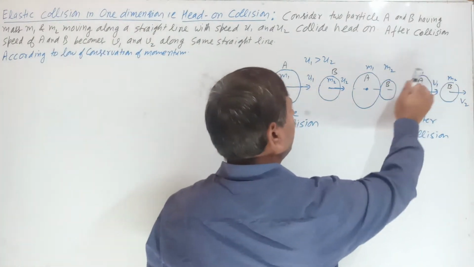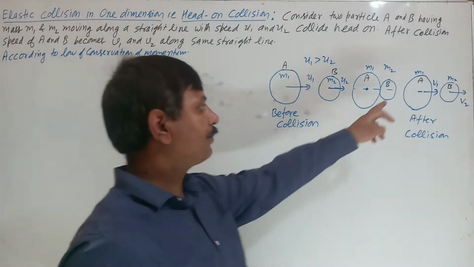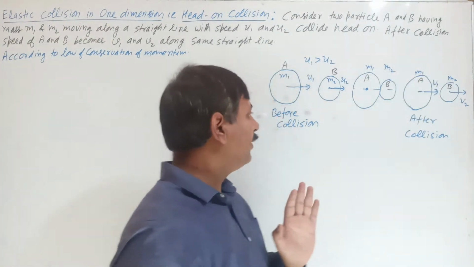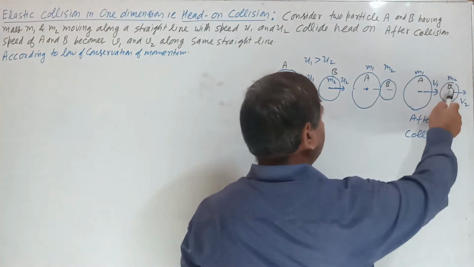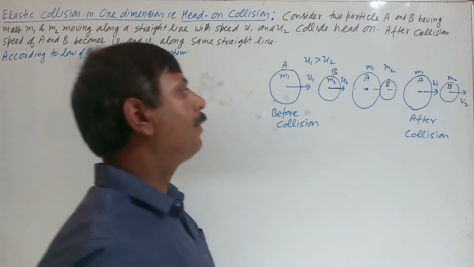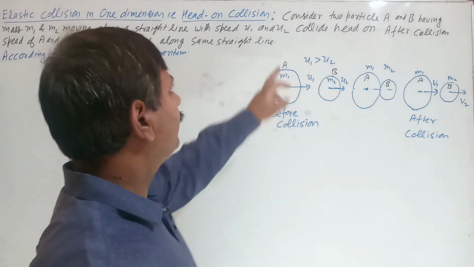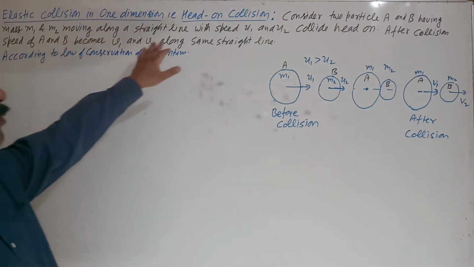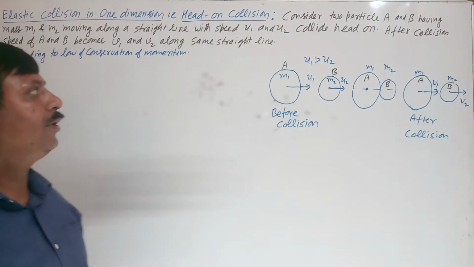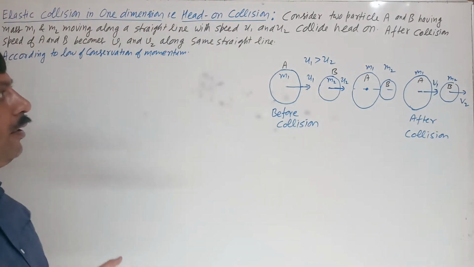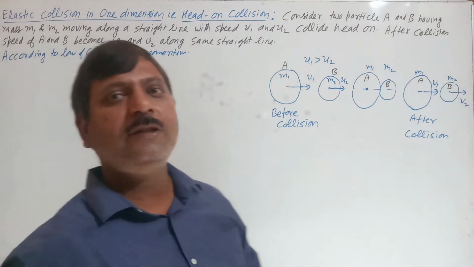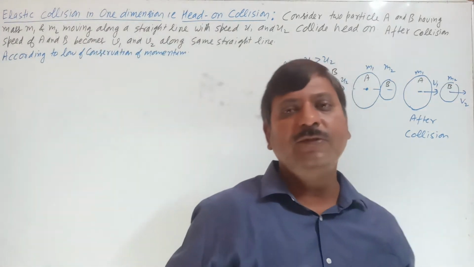After collision, the velocity of particle A is v1 and the velocity of particle B is v2. So consider two particles A and B having masses m1, m2 moving along a straight line with speeds u1, u2, colliding head on. After collision, the speed of A becomes v1 and the speed of B becomes v2.